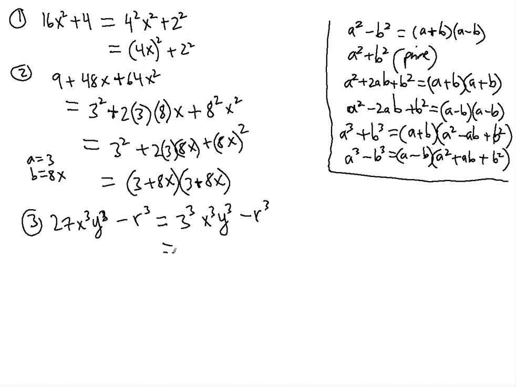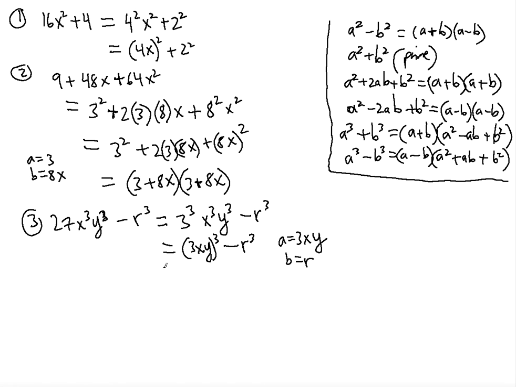Since the first term has 3, x, and y raised to the power of 3, we can express it as the product 3xy raised to the third power. It would not change the result. Minus r to the third. So what does that tell you? That tells you that a is equal to 3xy and b is equal to r.